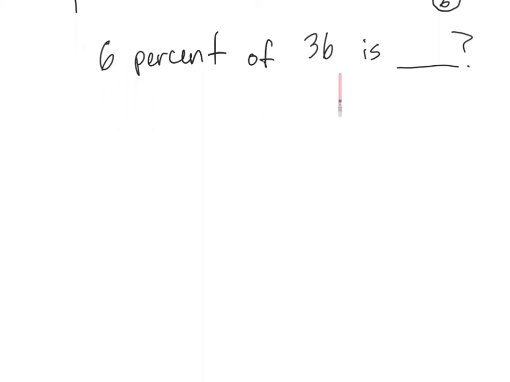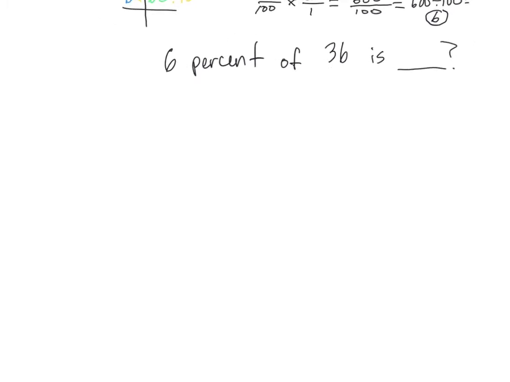6% of 36 is blank, and we can do this one of two ways. I'm going to do this using the translation method, and then simultaneously I'm going to show the table method. So 6% of 36 is, the first thing that we want to do is translate.